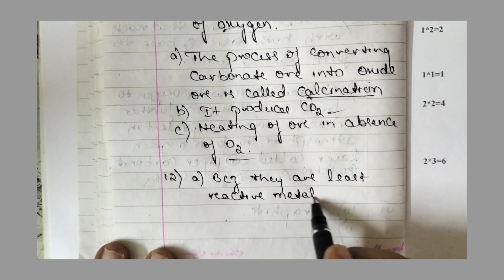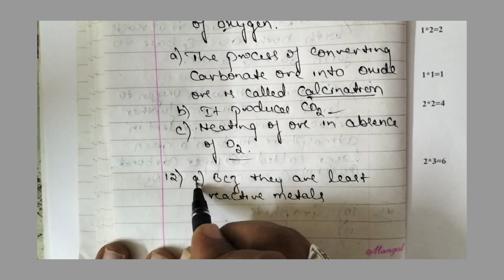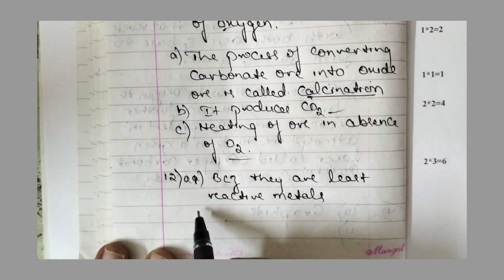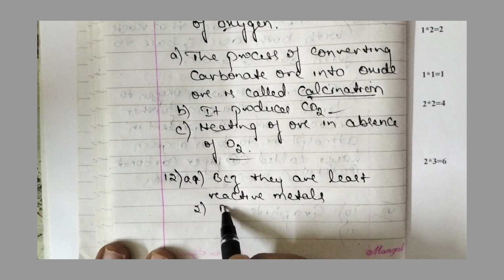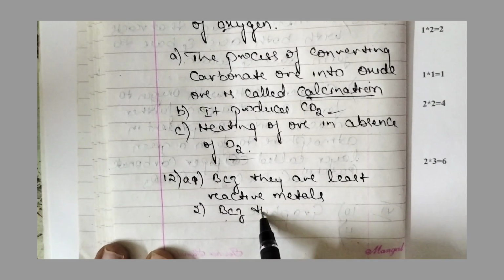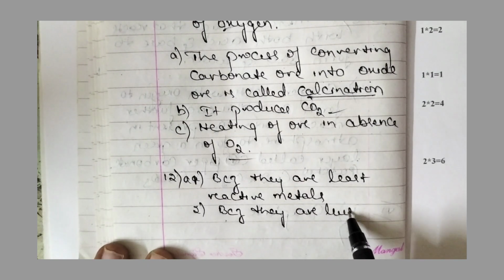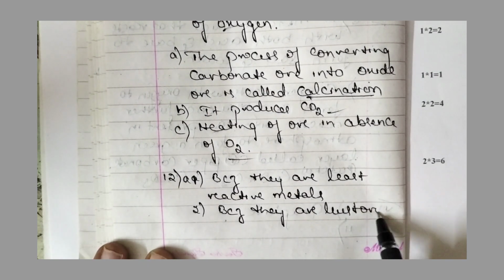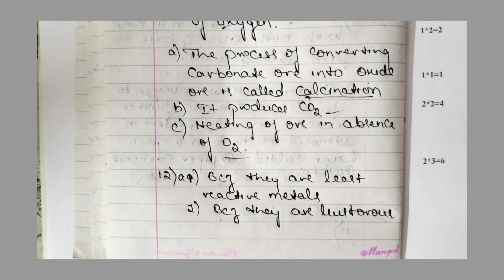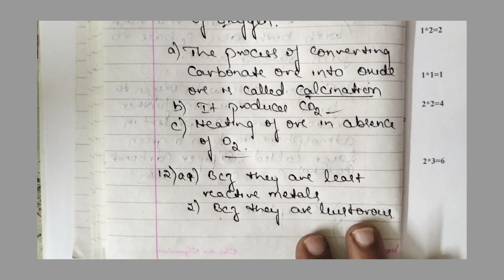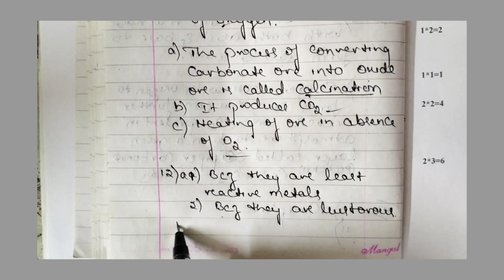This is the first point. Then the second one, because they are lustrous, because they have the ability to shine. So these 2 points we have to write for question A.